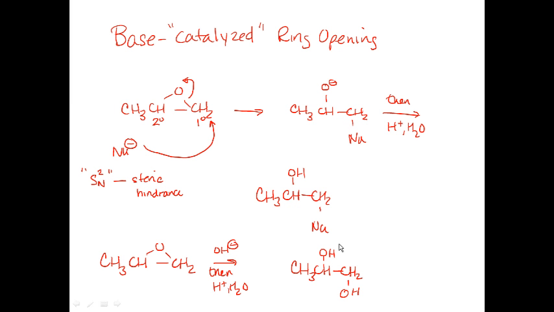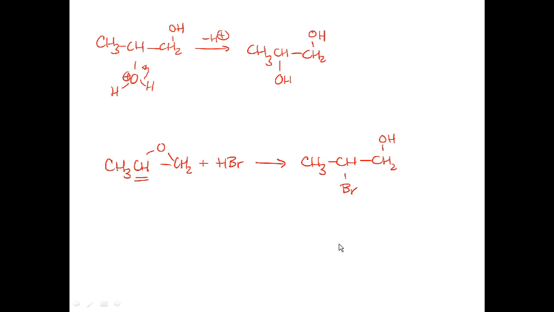But where we would see a difference in regioselectivity is, let's say I wanted to add the bromine in an opposite regioselectivity as I do in this reaction. So here I added the Br to the most substituted carbon and ended up with the OH on the least substituted carbon.